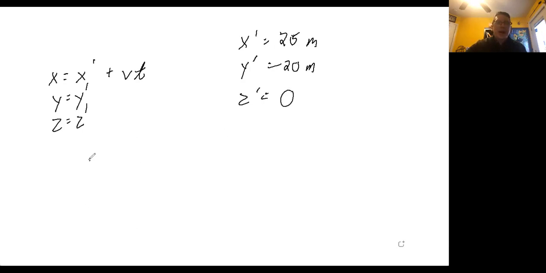So at t equals, the first number is 3.5 and the second number is 10.0.